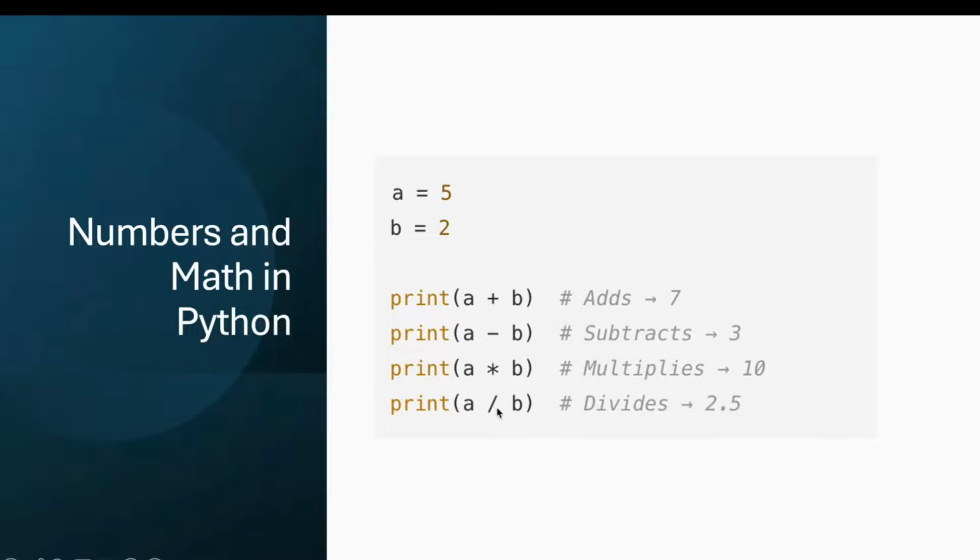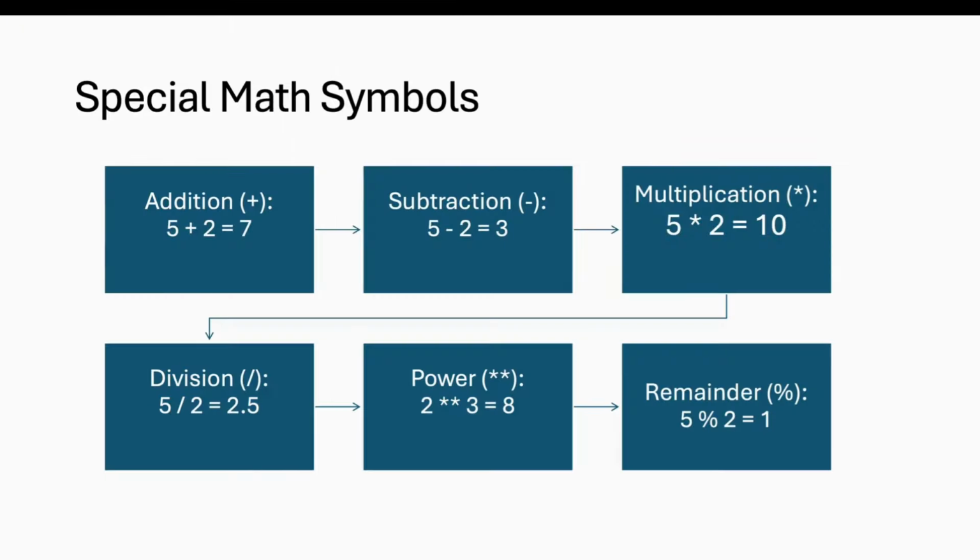Now I'm able to perform plus, minus, multiplication and division easily. There are other operations as well: we have the power operation and the remainder operation, and there are many others that you can use.